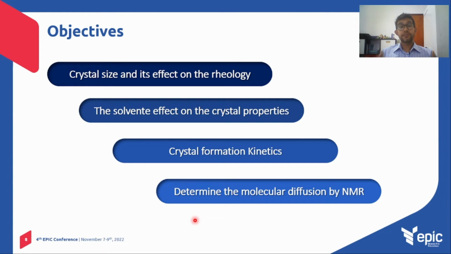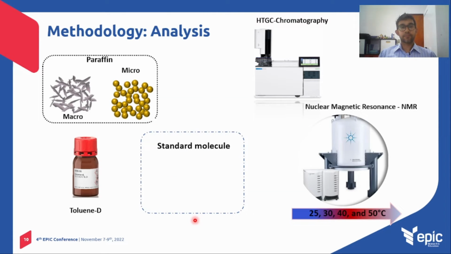Thinking about this result, our focus here is to determine the molecular diffusion using nuclear magnetic resonance. For that, we use two kinds of paraffin, two kinds of wax, macro wax and micro wax, and we use toluene as a solvent.